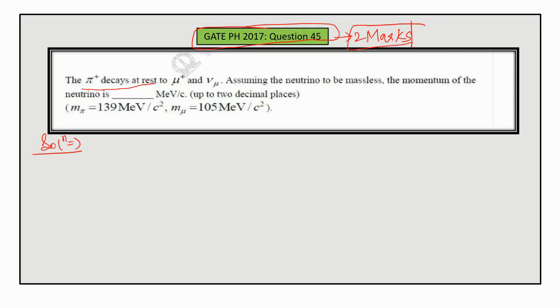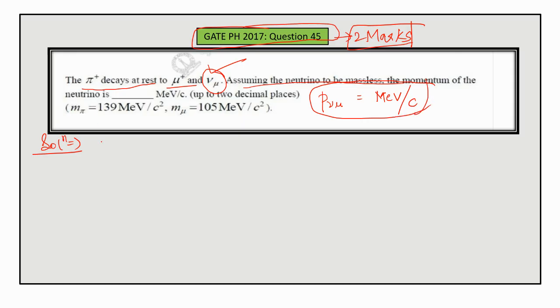The pi positive decays at rest to mu positive and muon neutrino. Assuming the neutrino to be massless, the momentum of the neutrino is. You need to find out the momentum of the neutrino, and the unit should be MeV by c.